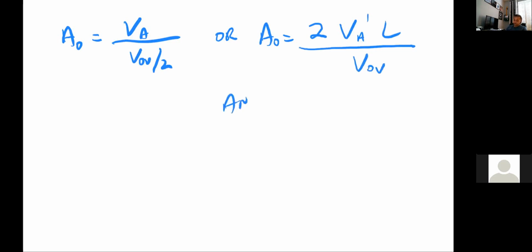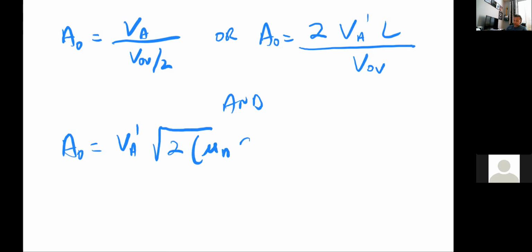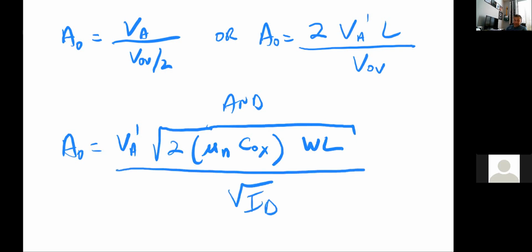And if we put those together with the previous expression that had the square roots, we have that the gain is VA prime, mobility of electrons, capacitance of the oxide, divided by the square root of the drain current. So that is the final expression that relates the characteristics of the transistor with the geometry of the transistor.